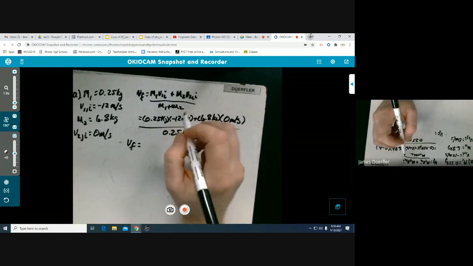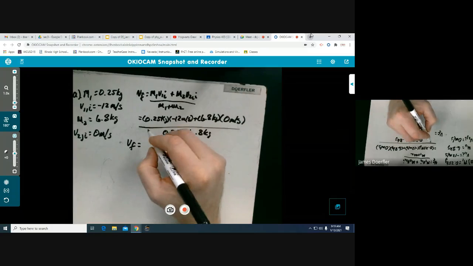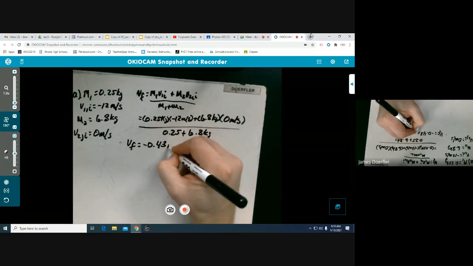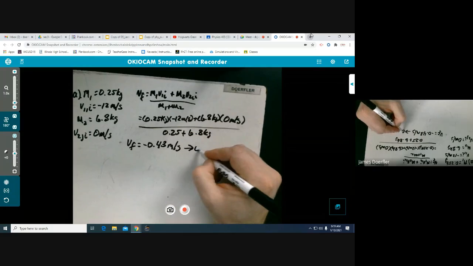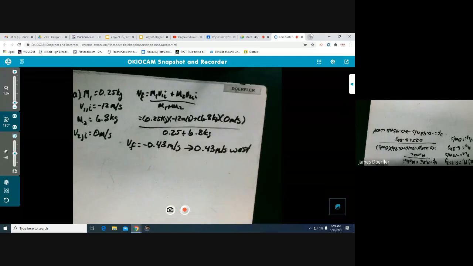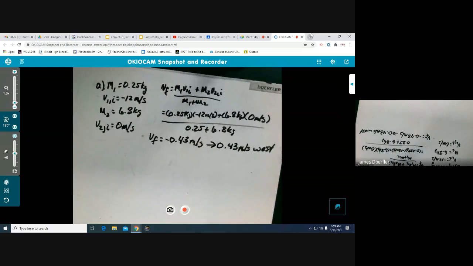So I want you to double check my work. We should get negative 0.43 meters per second, but more specifically, 0.43 meters per second west. We need to make sure this is correct because we don't want to screw up our next part.